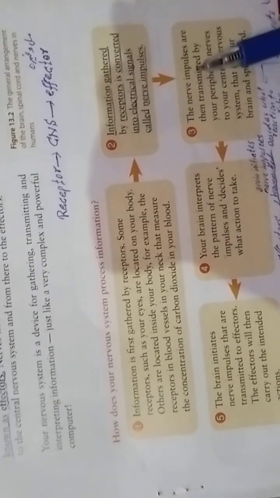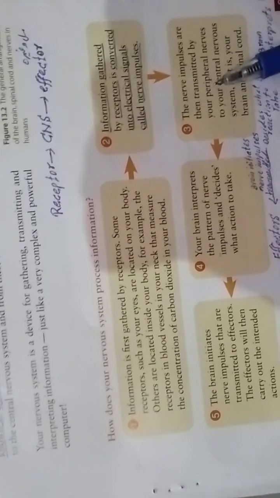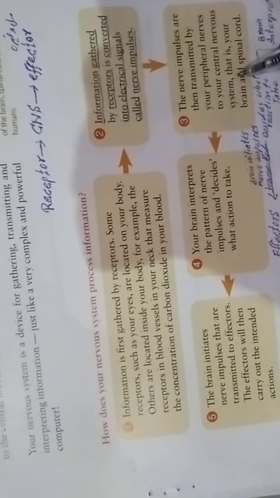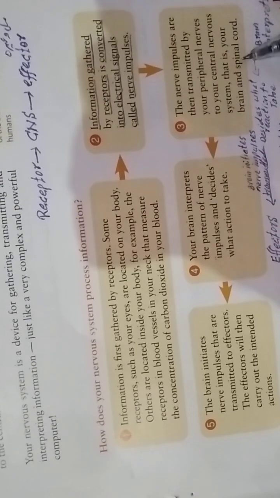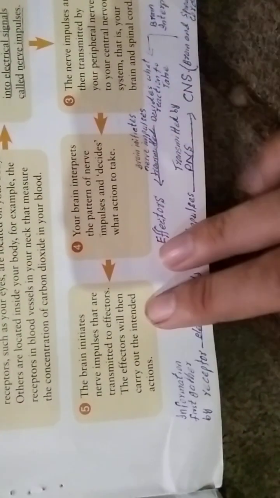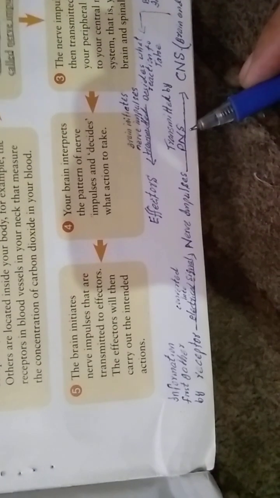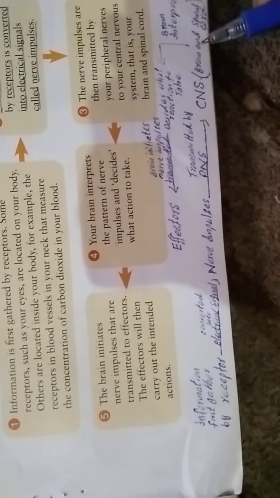The nerve impulses are then transmitted by your peripheral nervous system to your central nervous system, that is your brain and spinal cord.